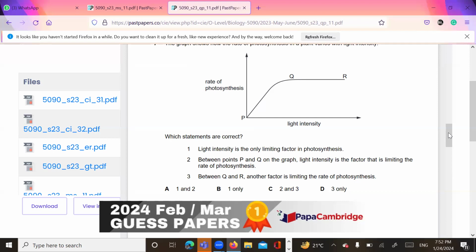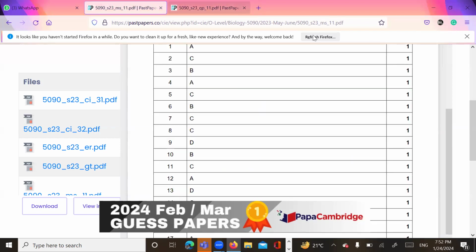Between Q and R, another factor is limiting the rate of photosynthesis. Yes. So what I believe is that statement 1 is definitely not correct, and 3 cannot be the only correct statement. So I'll go for 7C.